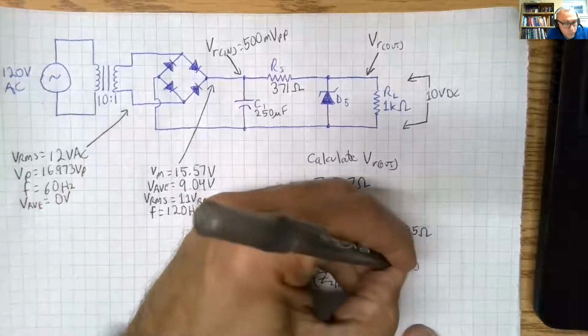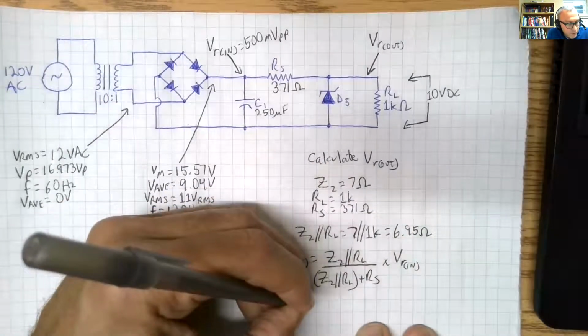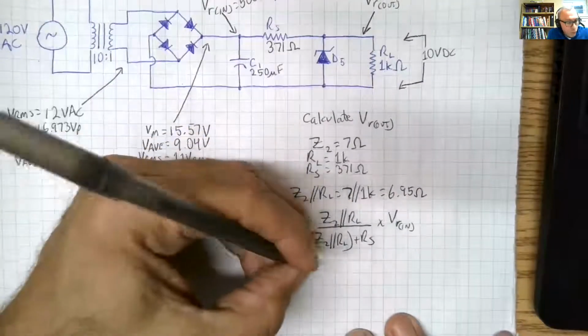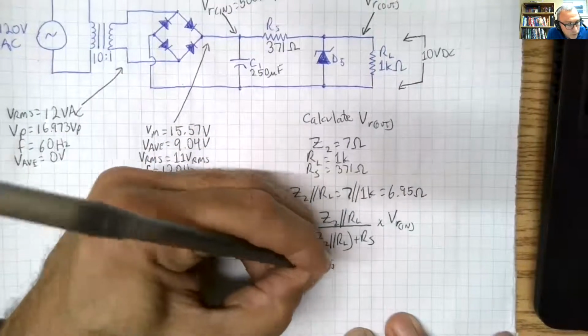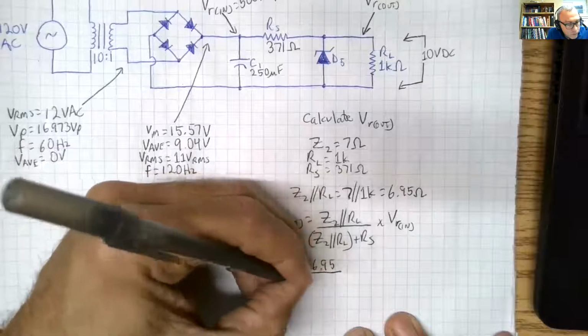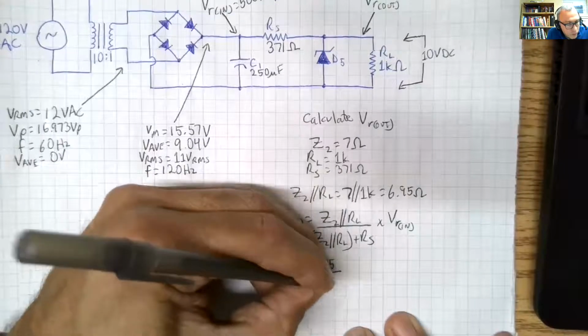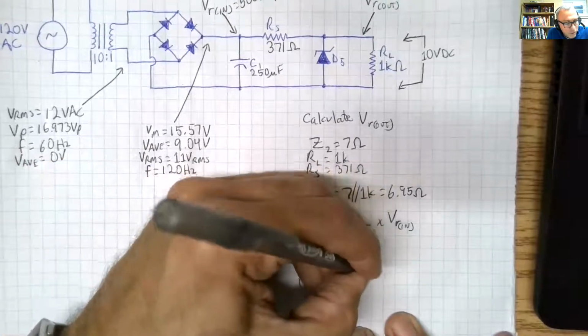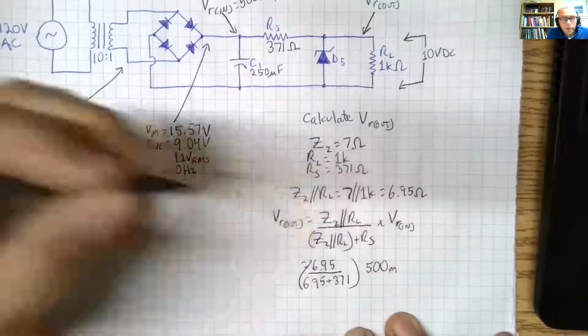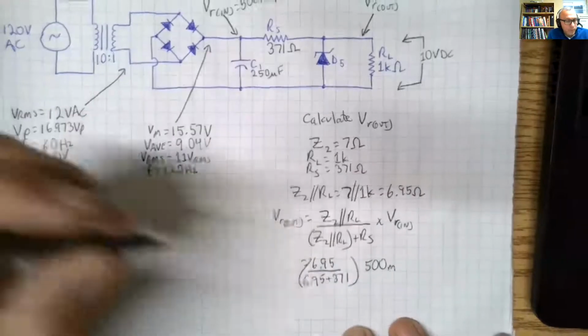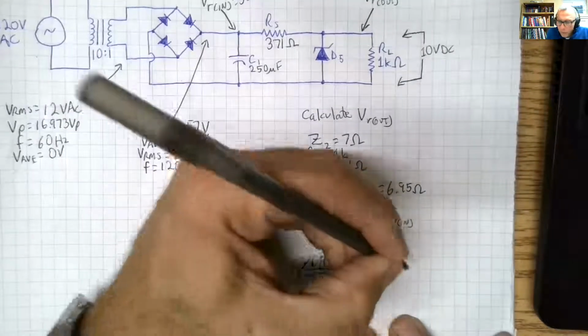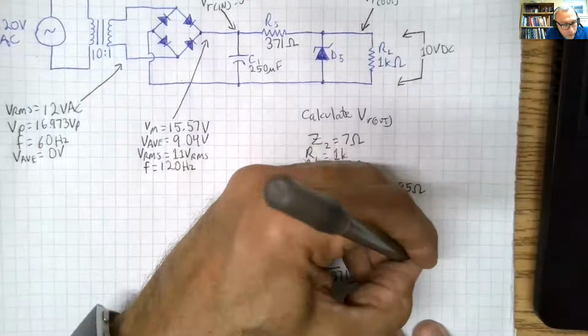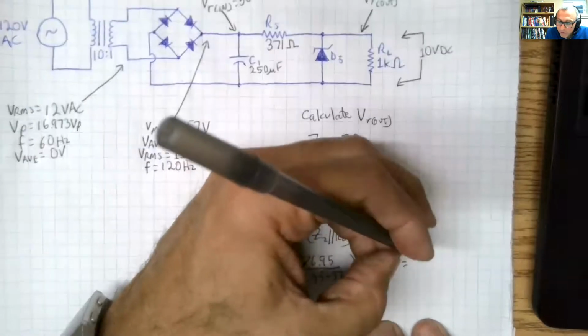So that gives us 6.95 over 6.95 plus 371, and we multiply that times 500 millivolts peak to peak, and that gives us an output ripple of 9 millivolts peak to peak.